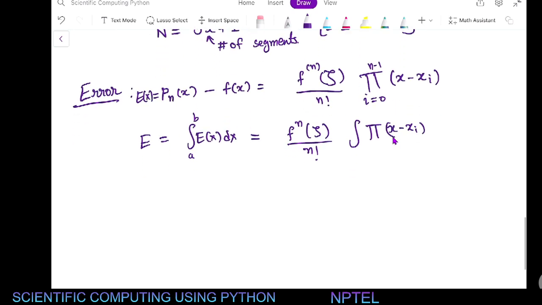And there is one caveat. This is true only when n is even, right? And in that case, if a polynomial of order n minus 1 is the actual function, that will give zero error, right?